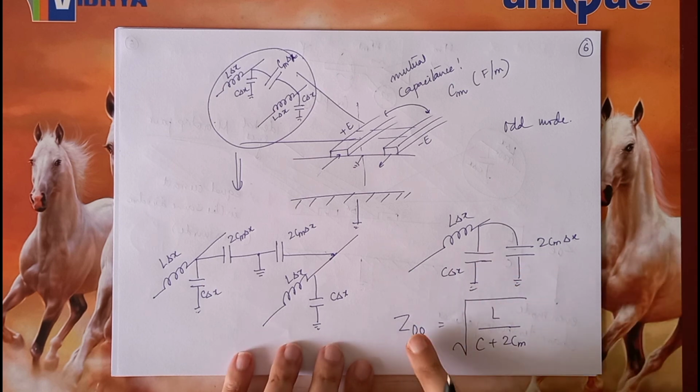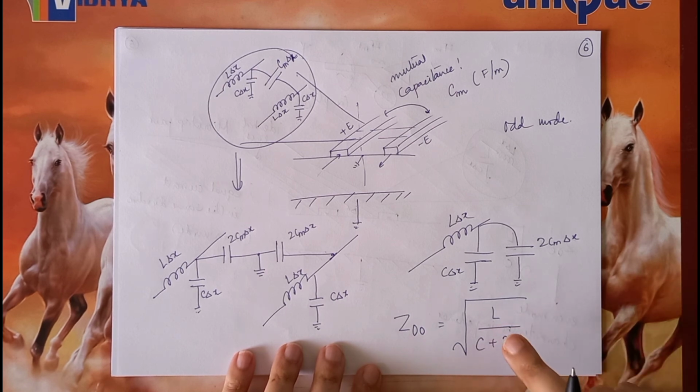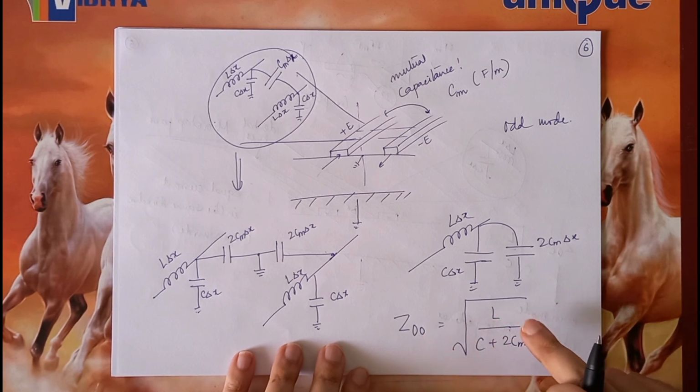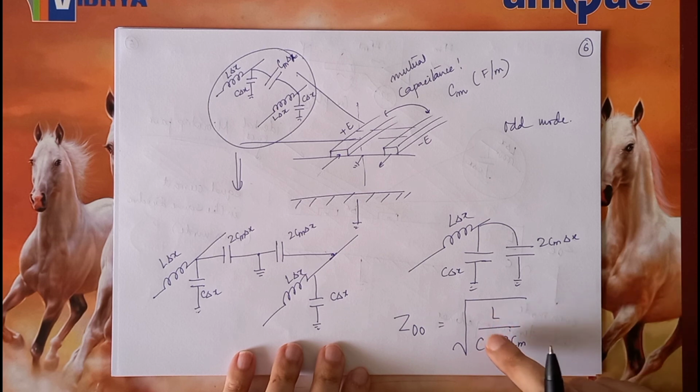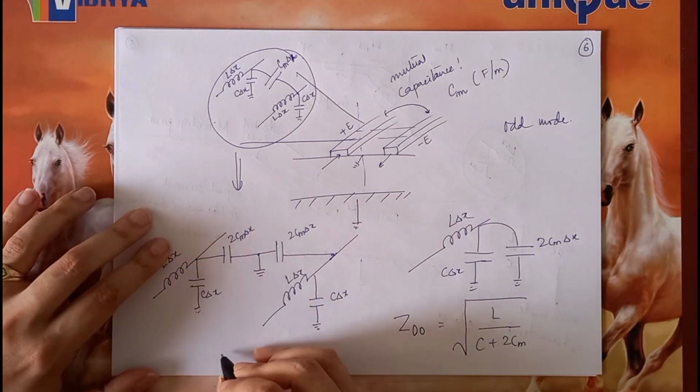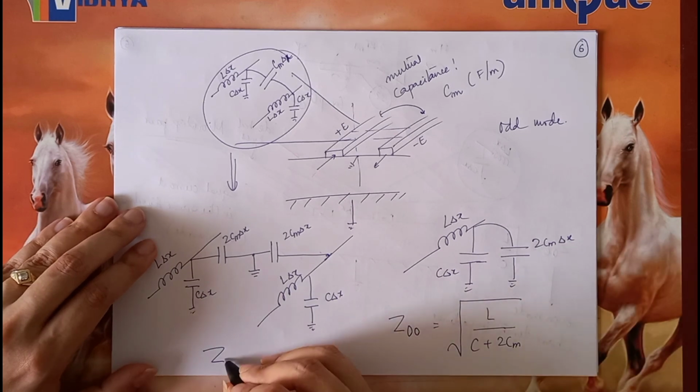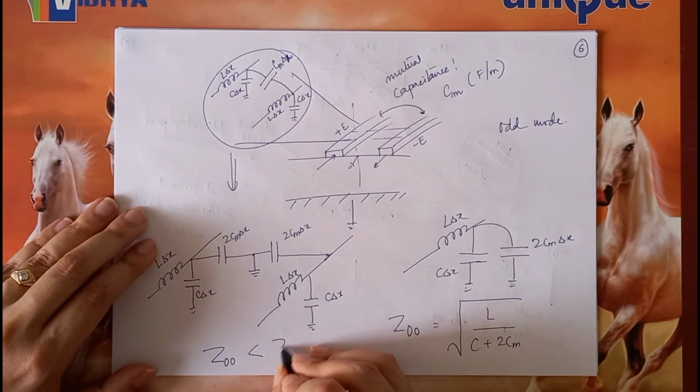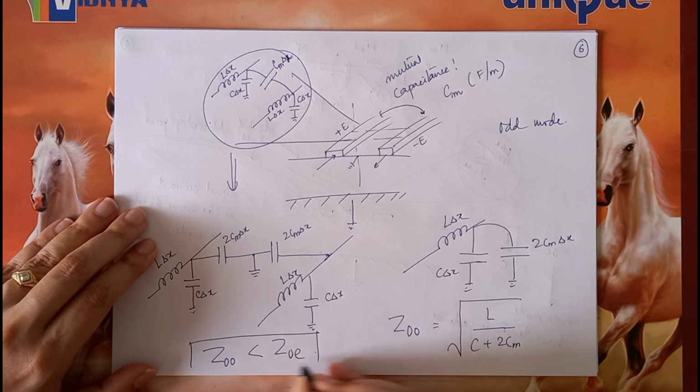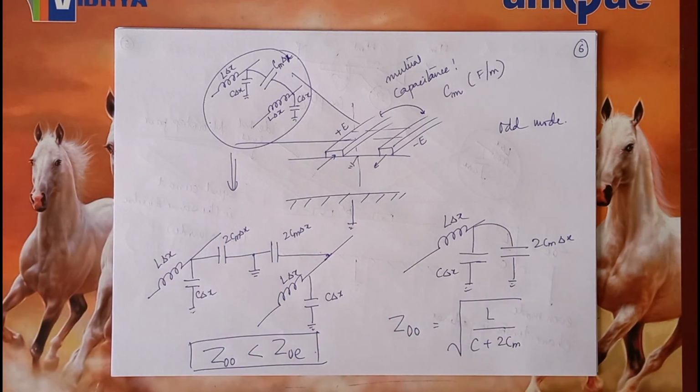We remember that the even mode characteristic impedance is the same as that of an independent transmission line, that is the square root of L by C. And the odd mode characteristic impedance, Z0O, is the square root of L by C plus 2Cm. Here, since the denominator is larger, Z0O is always less than Z0E.